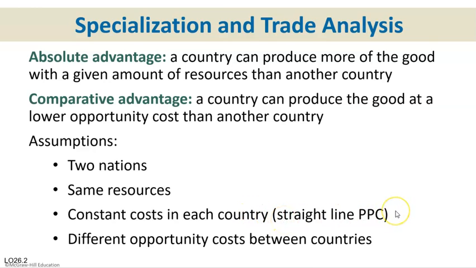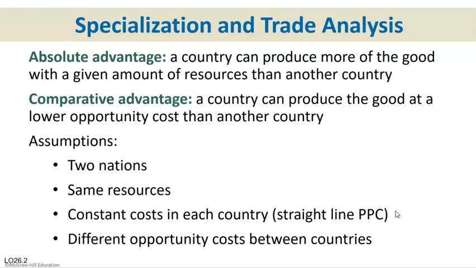We're going to be using constant costs in each country. What that means is that our production possibility curve is not going to look bowed out or curved like it's supposed to. We're actually making the production possibility curve a straight line, and that makes it so that the opportunity cost does not change. The reason we're doing that is we're just starting at the very, very beginning basics.